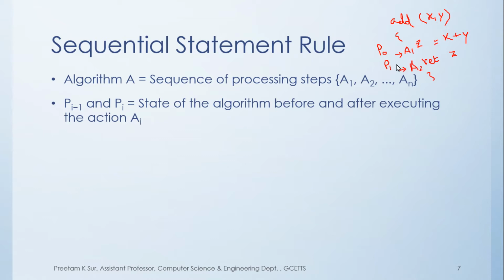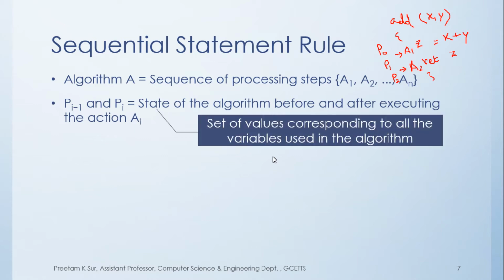Okay, now that p1 again will be the state before executing the statement a2, and after executing the statement a2 the algorithm will go into a state which is p2. Okay, so this is what it means. So p(i-1) and pi are the state of the algorithm before and after executing an action ai.